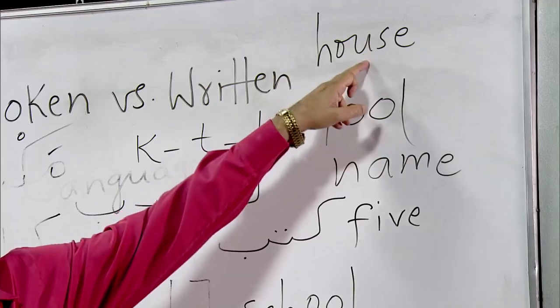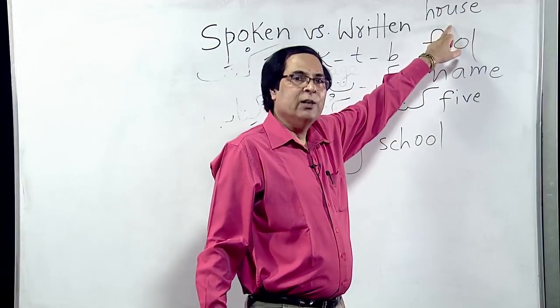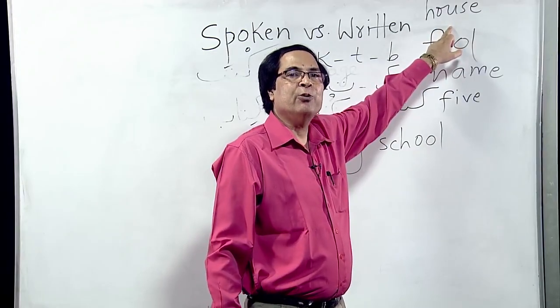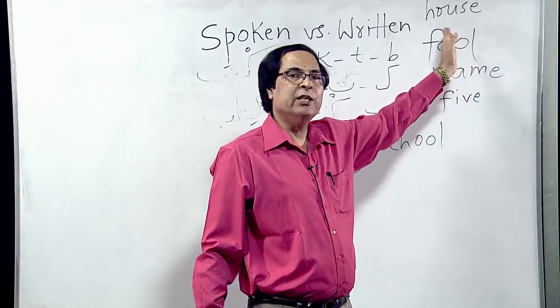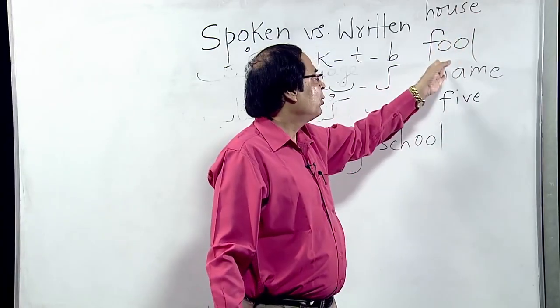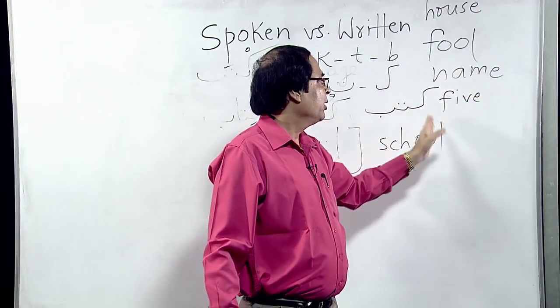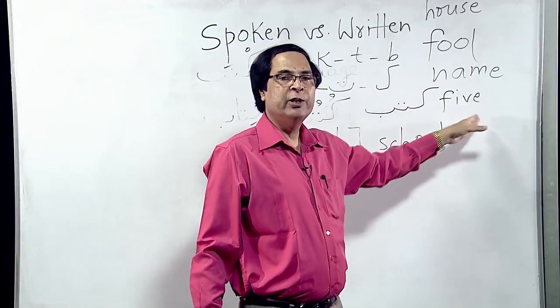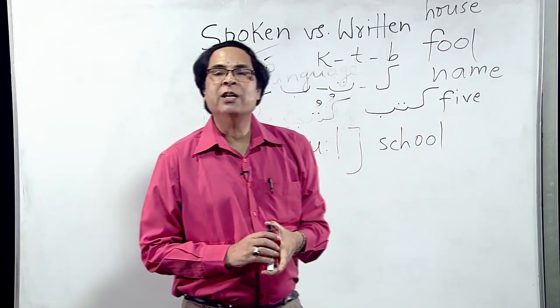Then we have house, pronounced as whose, and then in modern English it became house. So, see, spelling did not change, but how much the pronunciation has changed! Whose to house, foal to fool, naam to name, fever or feeve to five, but the written convention did not change.